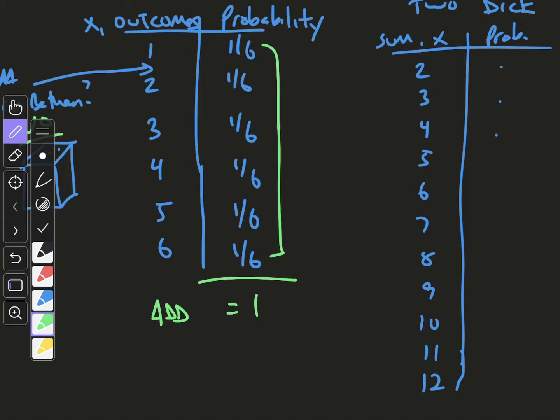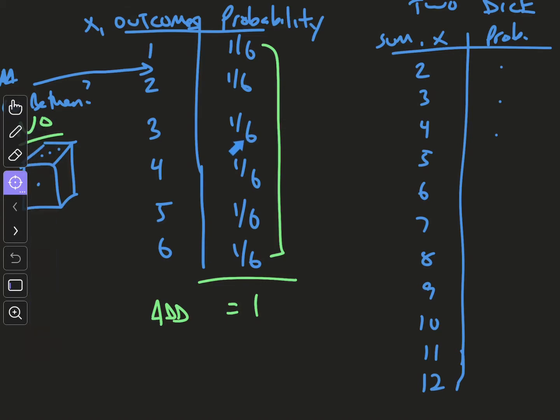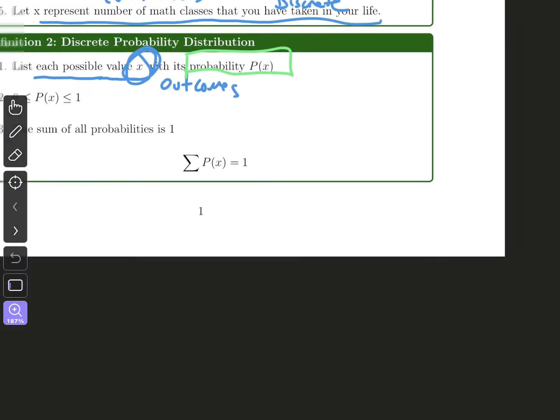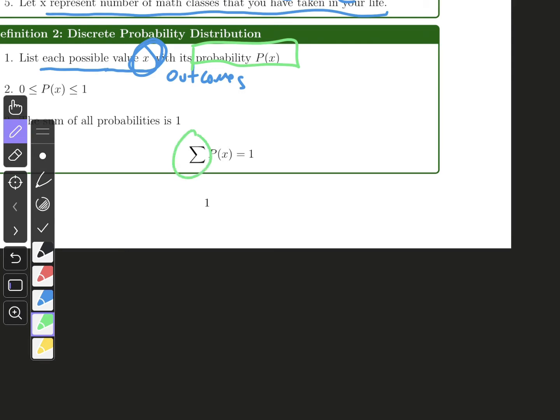If it's less than 1, you either made a mistake on calculating a probability, or you're missing an outcome so that you can get up to 100%. All right, so if you remember this notation right here, that means sum. So it's the sum of the probabilities. That's what that notation is. And so it equals 1.